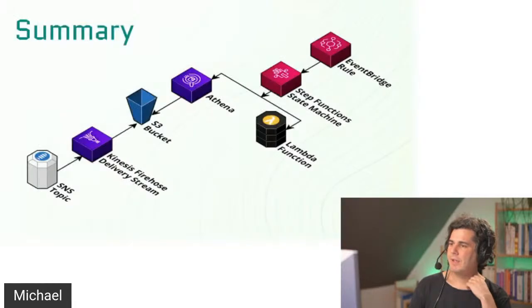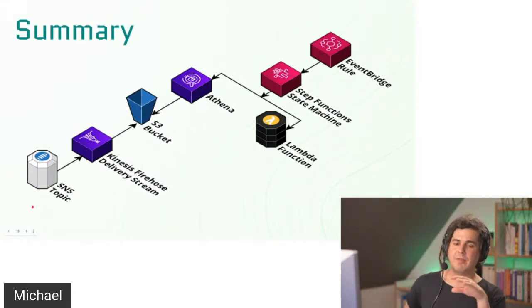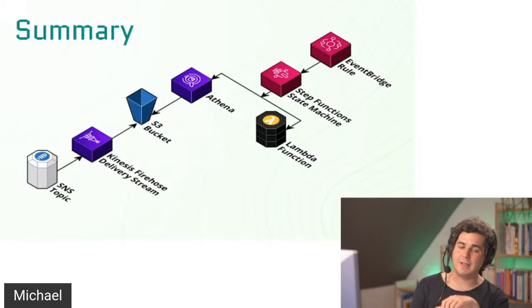All right. So time for the summary. We look at the architecture once again from bottom to the top. So we start with an SNS topic, as I said. You can replace the SNS topic with other AWS services. For example, you can replace this with a Kinesis data stream. Kinesis data streams can natively ingest into a delivery stream. You could replace it with AWS IoT, which also can natively ingest into a delivery stream.